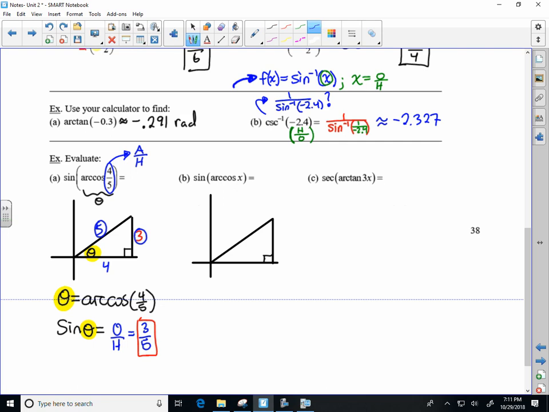This guy here is our theta, and theta is represented by the entire triangle. This x is the ratio for cosine, which just like the last problem is adjacent over hypotenuse. But this time it's just an x. That's fine. I can write x as a fraction, x over 1, which makes my adjacent side x and my hypotenuse 1.